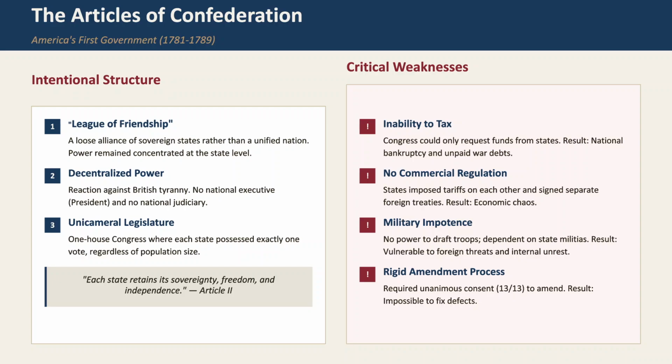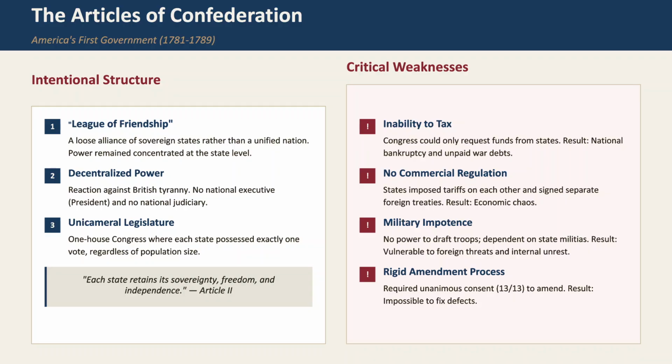The new government, the new United States, this League of Friendship, had a war debt. So they should have been able to levy taxes on the newly found citizens of the country, but they couldn't. It caused problems.